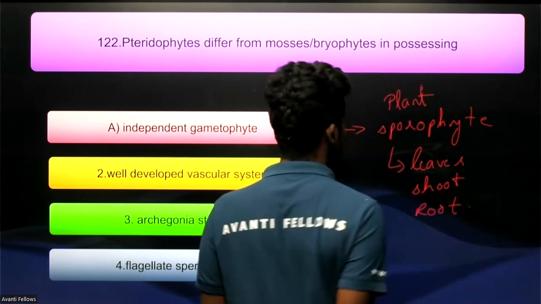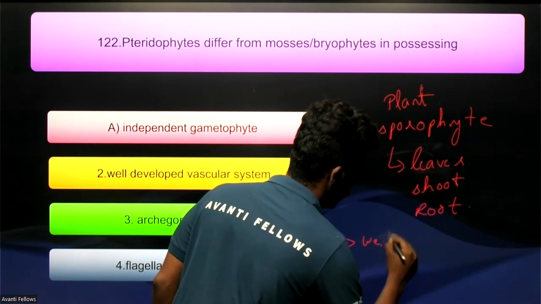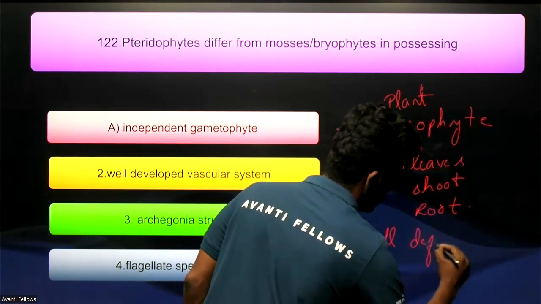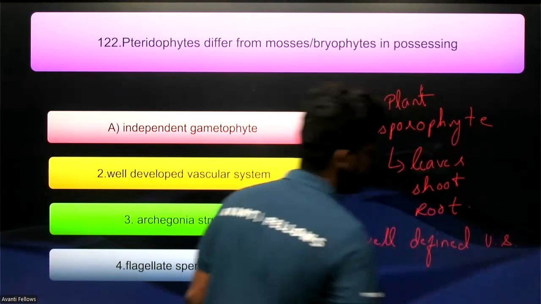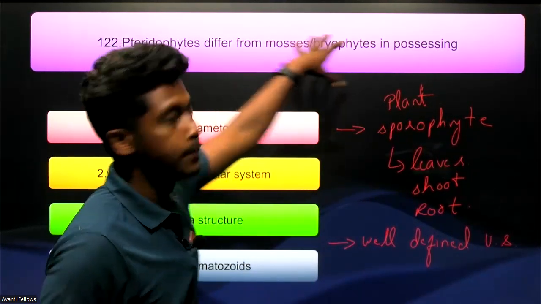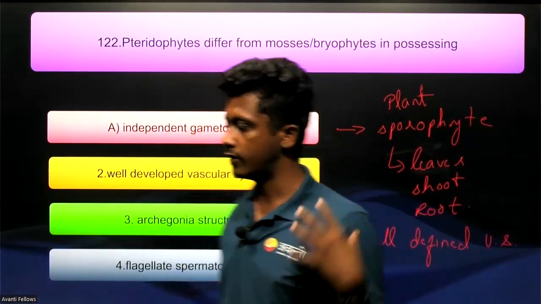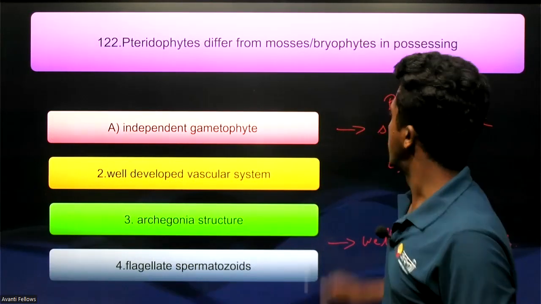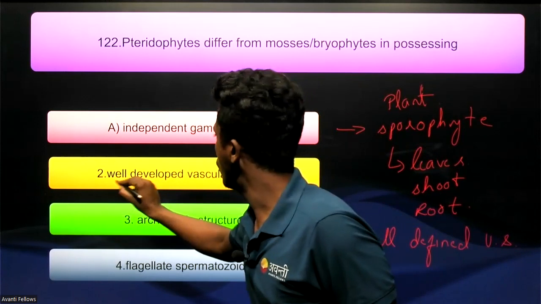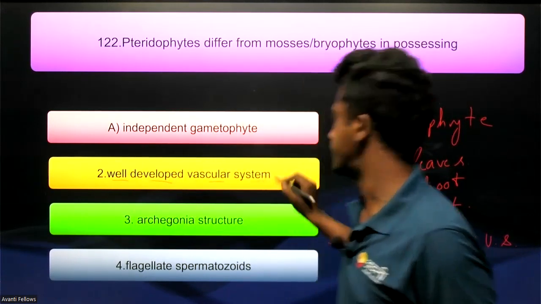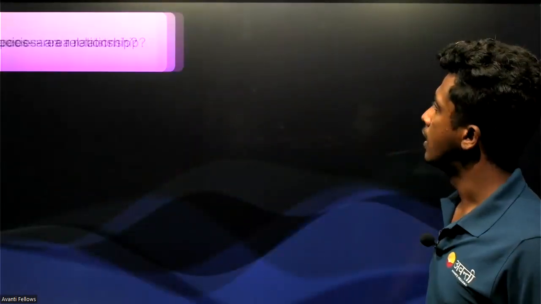The second thing we can see in pteridophytes is a well-defined vascular system, which we cannot see in the bryophytes. Bryophytes are gametophytic, and the vascular system is very poorly developed or absent. That is what makes a very big difference. So pteridophytes differ from bryophytes in having a well-defined vascular system. Understood? Let's go for the next question.